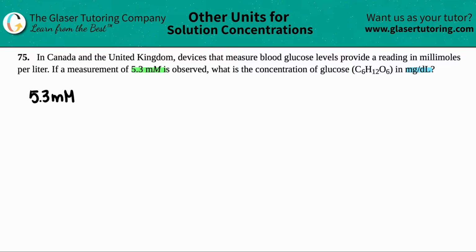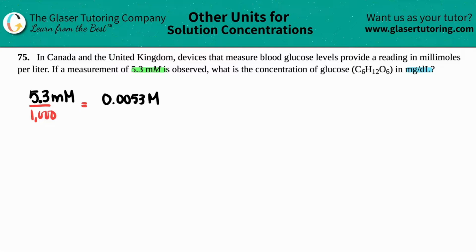We usually work with molarity, so I'm just going to divide by 1,000. Similarly, I could just take the decimal and move it over 3 times to the left and then fill in my placeholders. So this would be the same thing as 0.0053, just capital M. Cool.